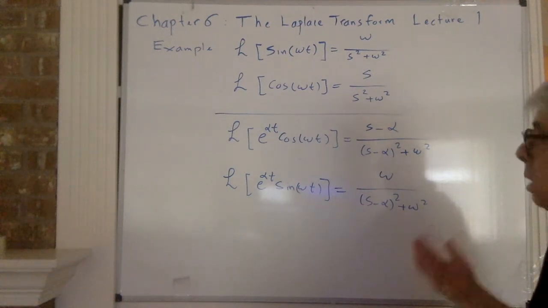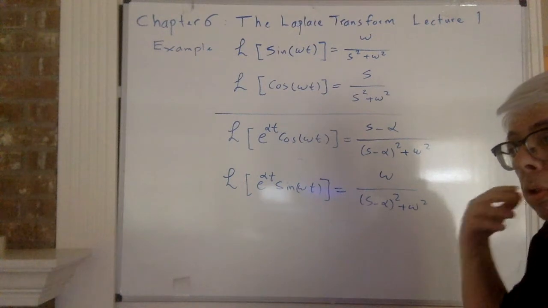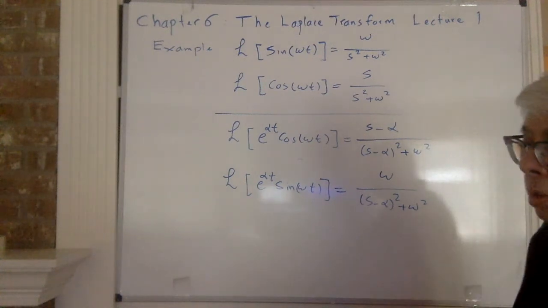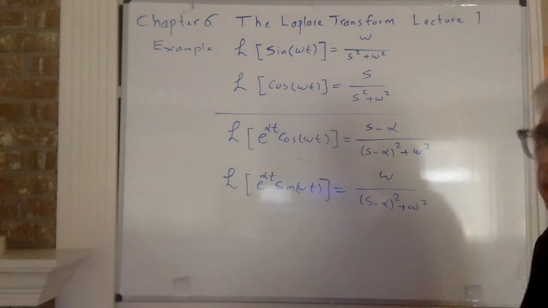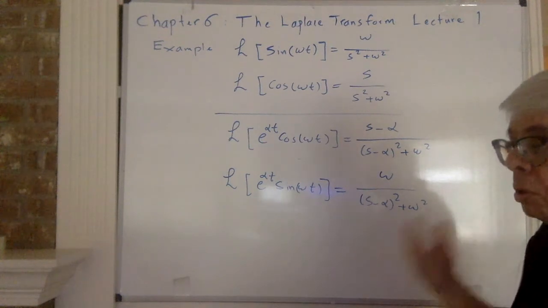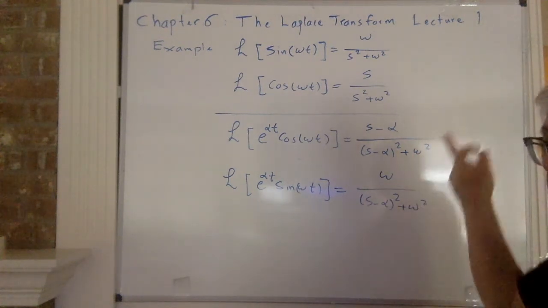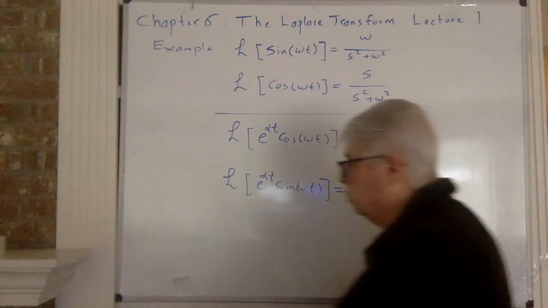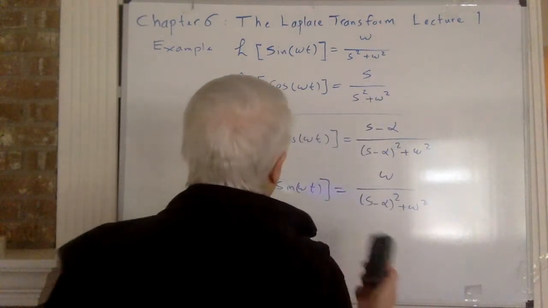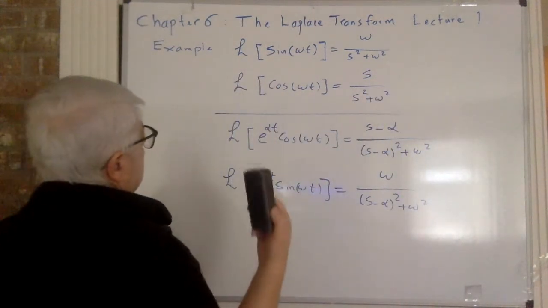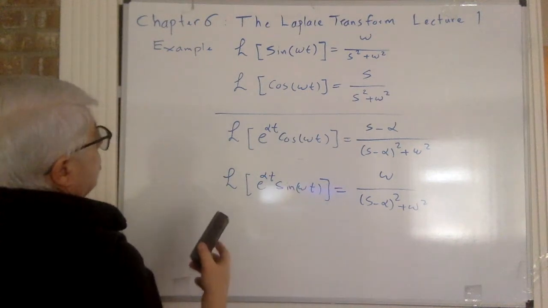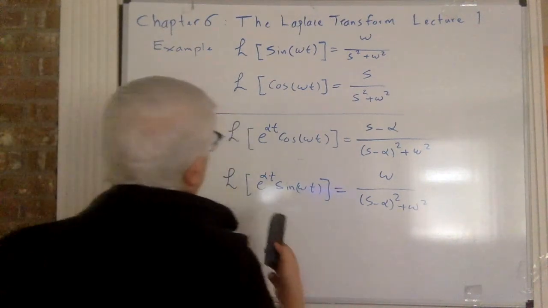Most of the application comes when you have a forcing function on the other side of the differential equation, which is not a nice function. It is like a discontinuous function, like a pulse. We will see that table, in fact, has lots of other transformations, especially for discontinuous functions.